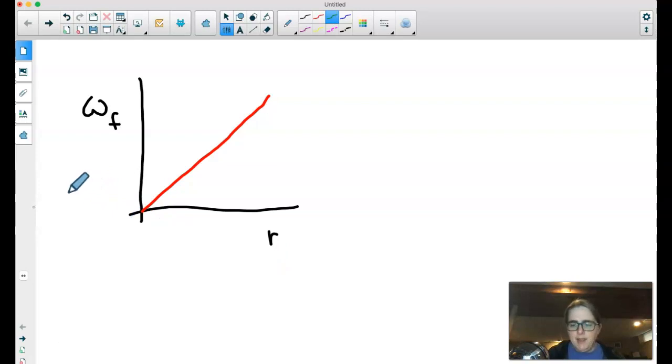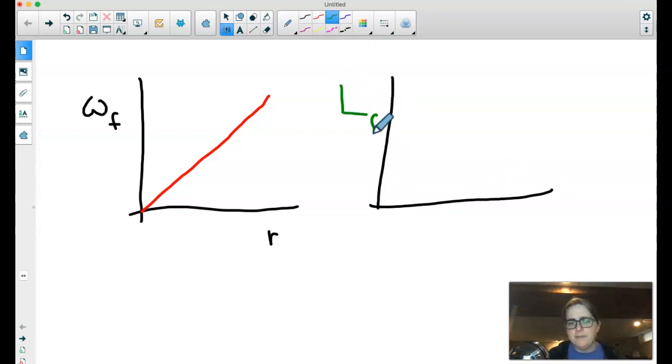The block has the same mass, it's got the same distribution of mass in every single impact, and so its rotational inertia was the same in every single impact. And so if we had multiplied the final angular velocity by the block's rotational inertia, we could have instead plotted the block's angular momentum after the collision on the vertical axis.